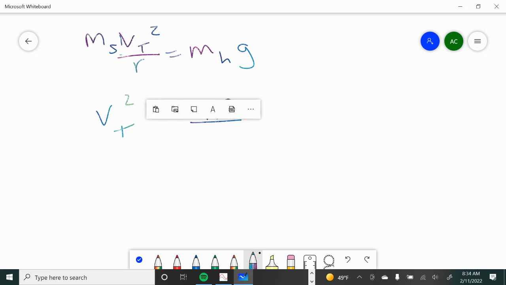Okay. That's fine. All right. So we have, let's put parentheses around this. There we go. So we have MHG over MS times R. Does that look vaguely familiar to anything that we have done maybe somewhere around number 7 or 8?